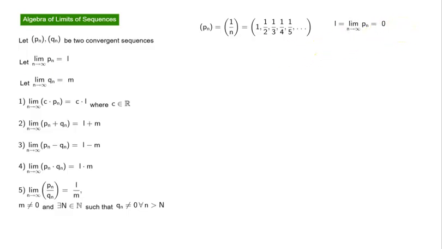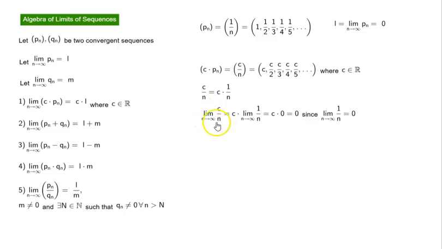Now let's look at scalar multiple. The sequence C times P sub n is equal to C by n, which is C, C by 2, C by 3, C by 4, C by 5 and so on, where C is a real number. Now C by n can be written as C times 1 by n.